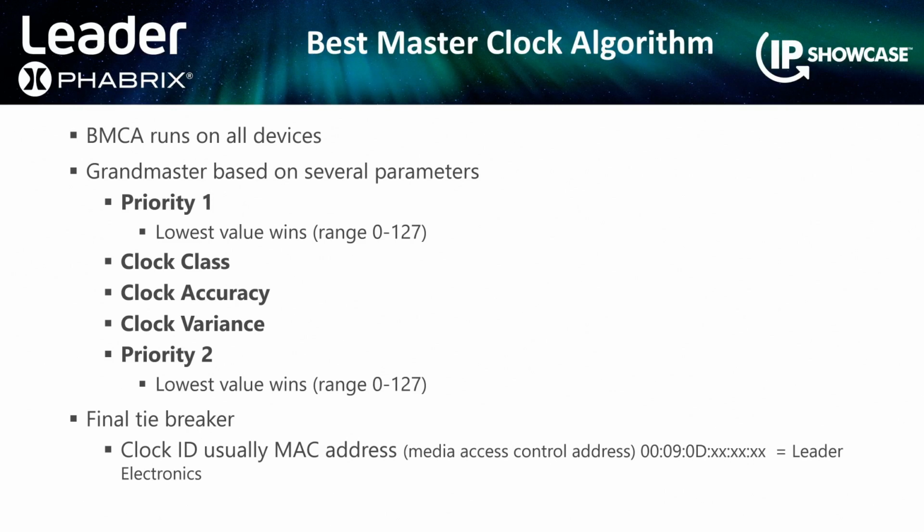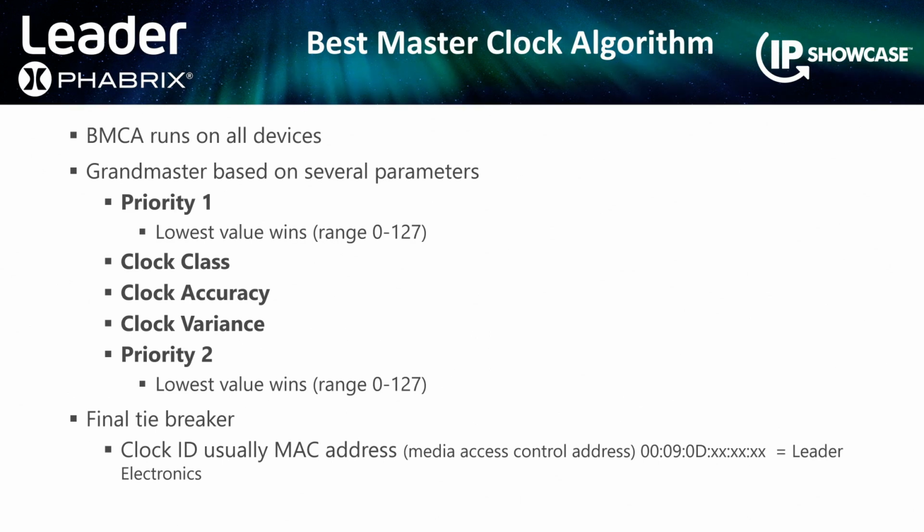As most of you will be aware, the selection of the Grand Master, the ultimate source for reference within a PTP network, is elected by a process called the best master clock algorithm.